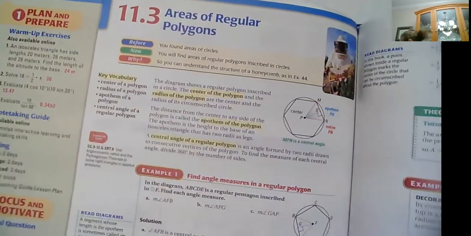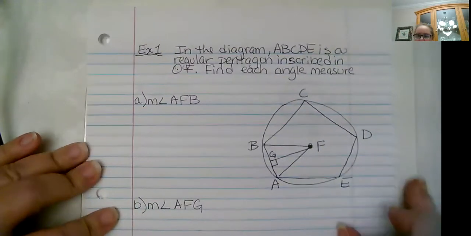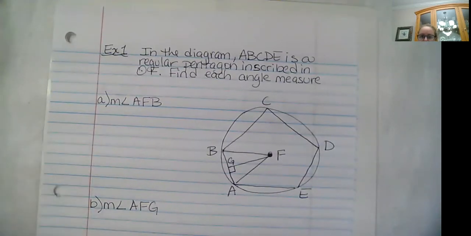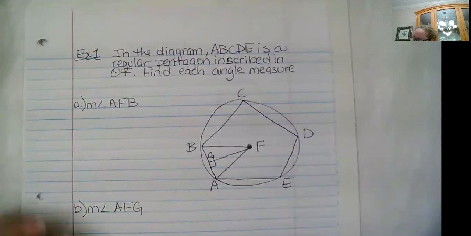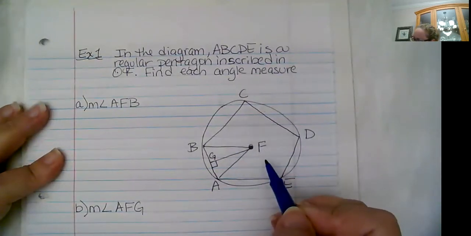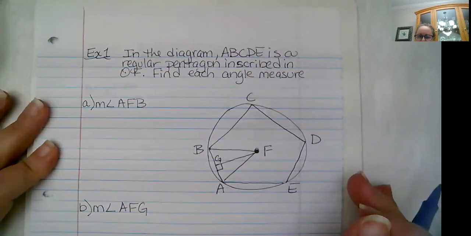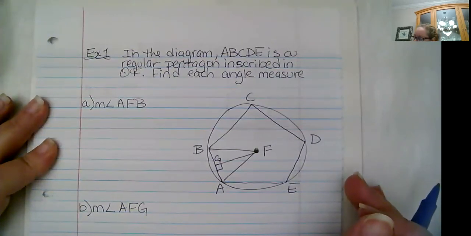So now we're going to do example 1. Example 1 says in the diagram, ABCDE is a regular pentagon inscribed in circle F. Find each angle measure.